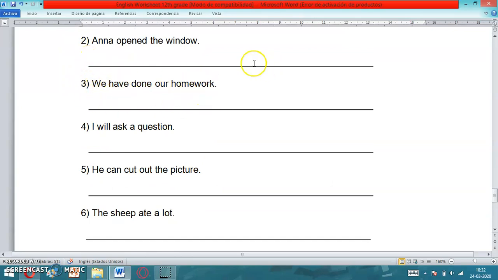This sentence is in present perfect. Go back to your chart and look at how you change it from active to passive in present perfect. Number 4, I will ask a question. Future will. Go back to your chart and look how you change it from active to passive using will.